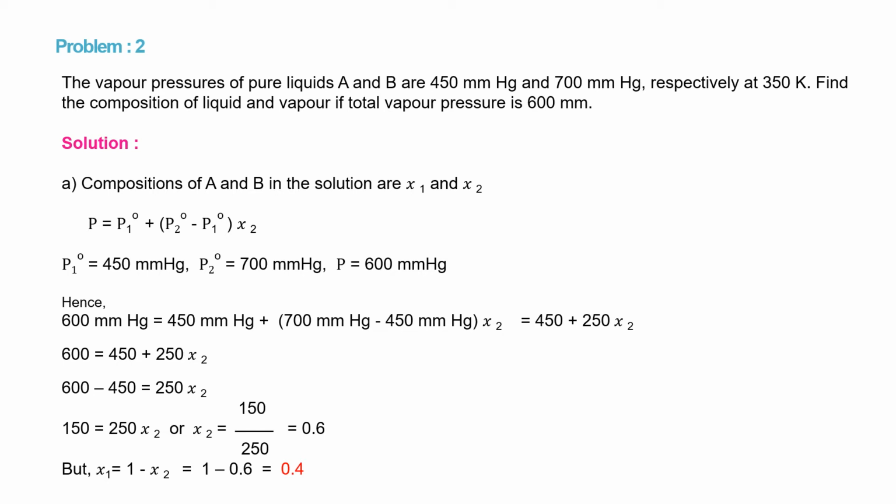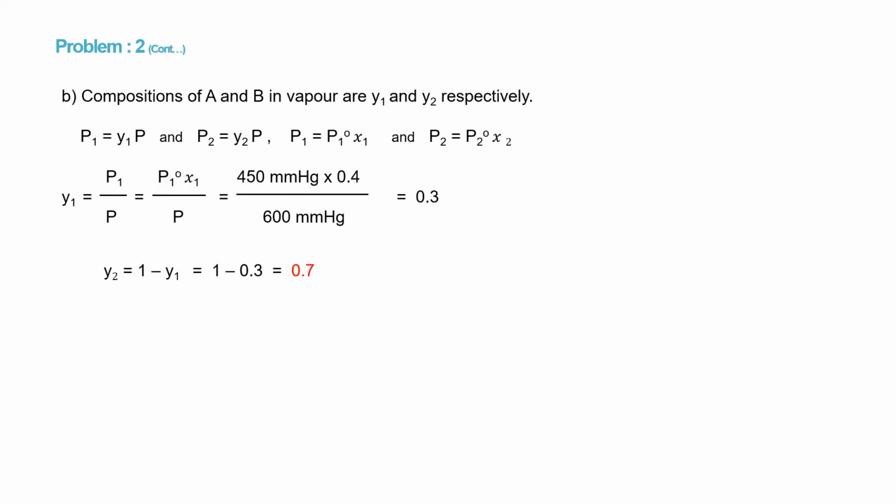Now we see the next problem. But before that, see, in this case also the compositions of A and B in vapors are Y1 and Y2. So as per Raoult's law, what is your formula?